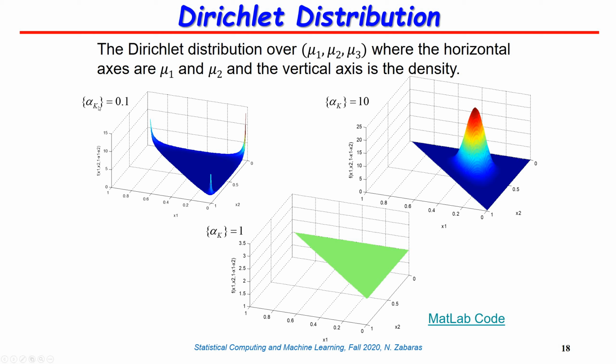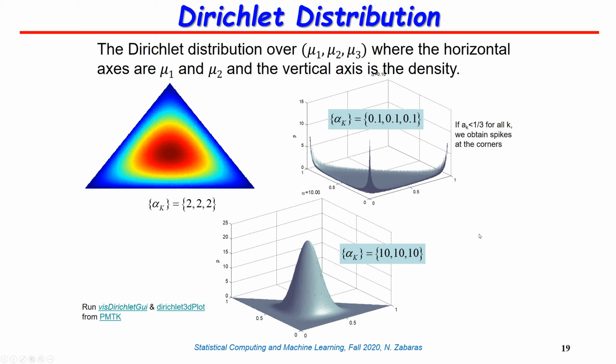So this capital K should be little k, and I will correct it on the posted slides. A few more plots. Again, these plots are coming from the PMTK MATLAB toolbox from Kevin Murphy's machine learning book, so you can play with those.